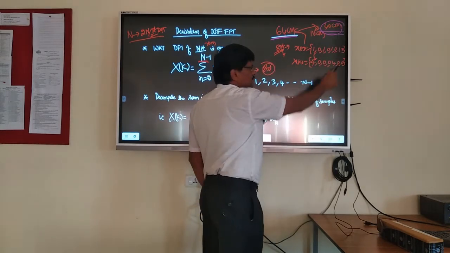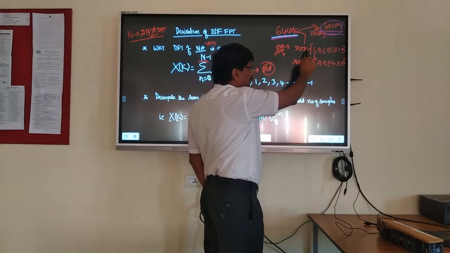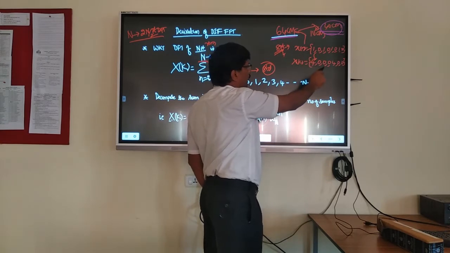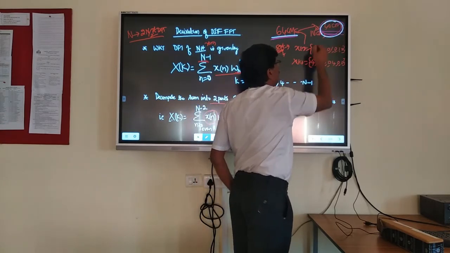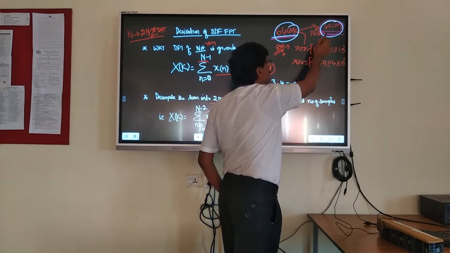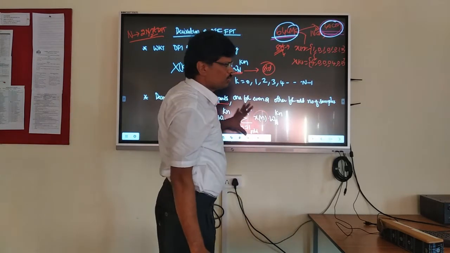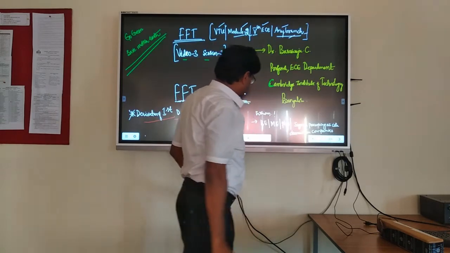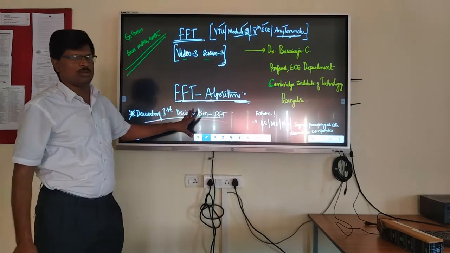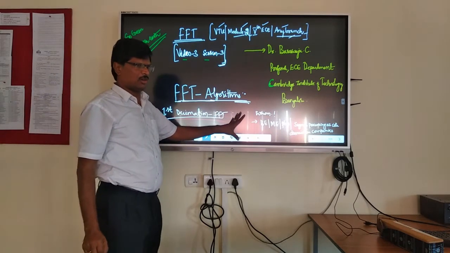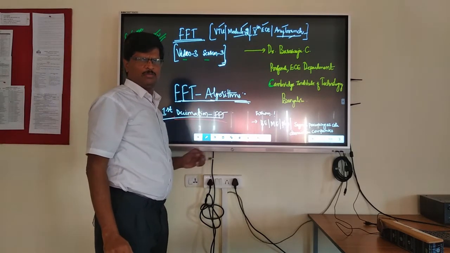That means the same sequence's DFT is converted from time domain to frequency domain at the cost of only 40 complex multiplications instead of 64. That means we can save 24 complex multiplications by deriving this beautiful first decimation FFT algorithm, or the flow diagrams.